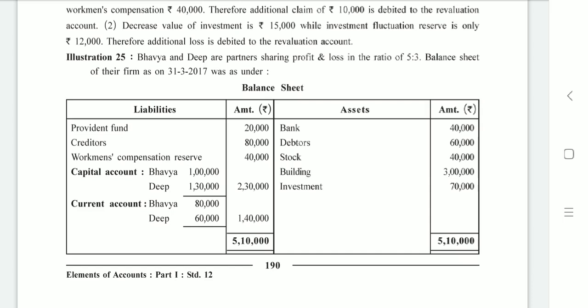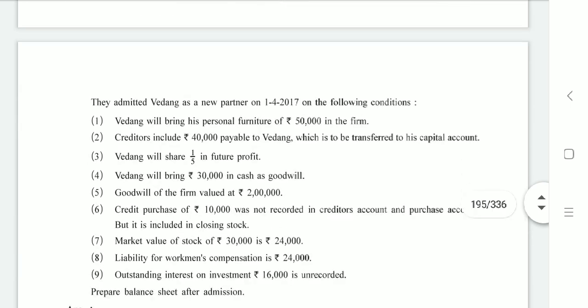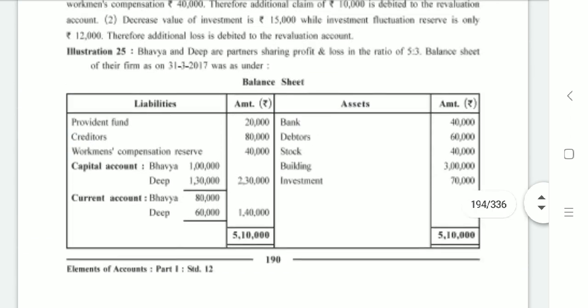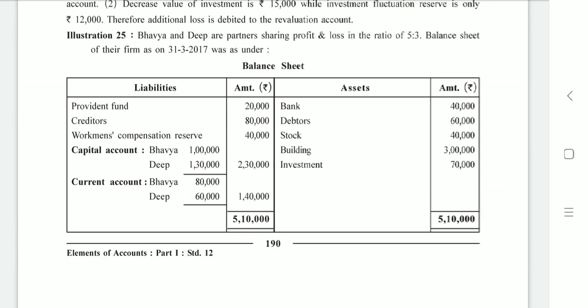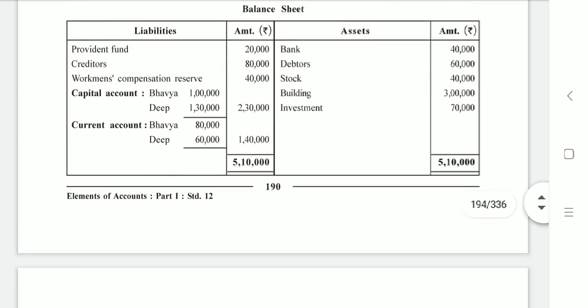What is the journal entry for this? It is premium for goodwill account debit 30,000 to the partners Bhavya's current account and to Deep's current account. Okay?